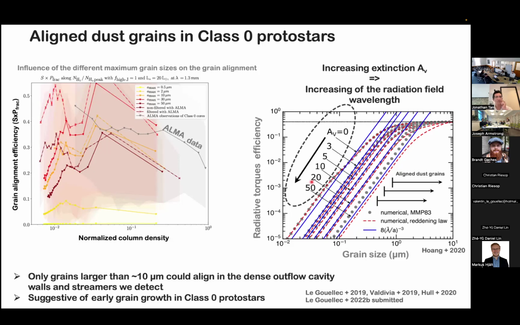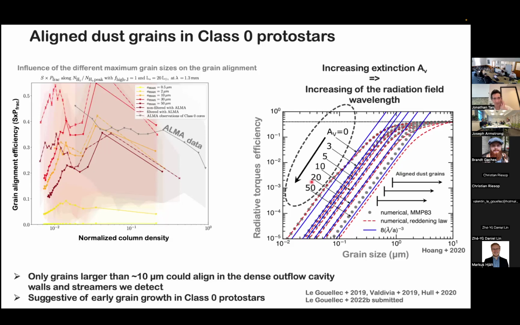And because the density structures are well known, we know that the mean irradiation field is in the far infrared, right? So you can only align large grains, and when I mean large, it's larger than 10 micron. And this is, I think, a solid result, because it just relies on the idea that to align the grains, you need the grains to feel the photons, to see the photons, to interact with them.